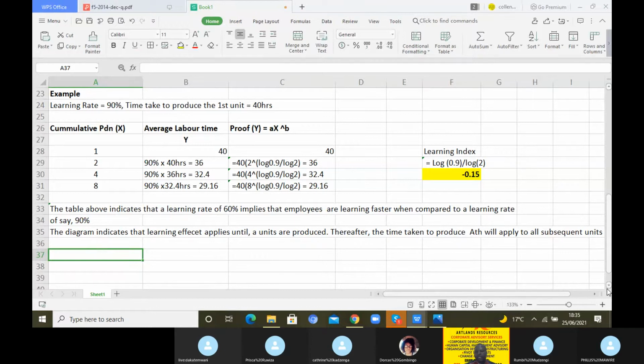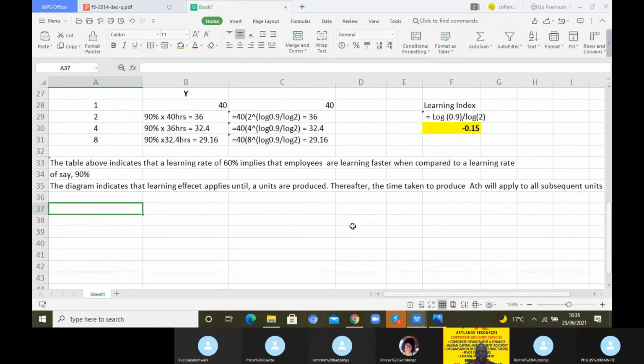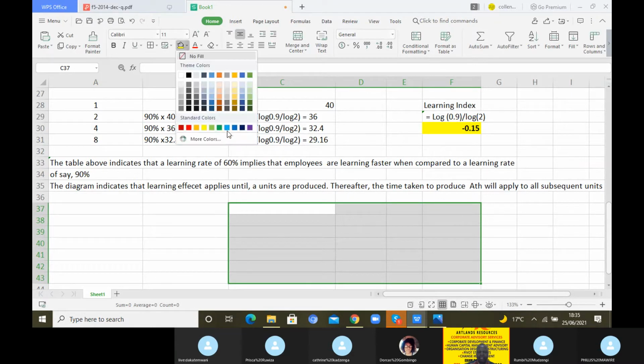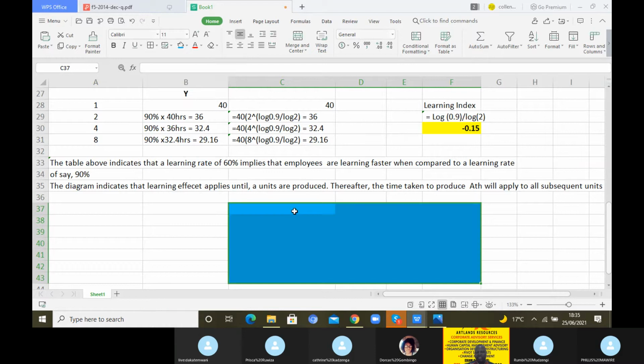Allow me to shade this in blue, because it has nothing to do with the learning curve per se, but it helps you to understand what I'm going to say going forward. Listen to this. Suppose I want to find the total weight of all students in the class.